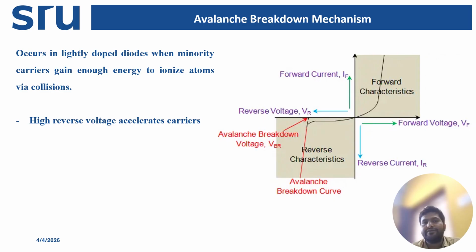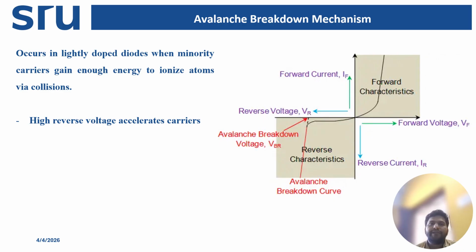When reverse voltage increases, the electric field across the depletion region increases. Minority charge carriers present in the junction start moving, and these carriers accelerate due to the strong electric field. As the voltage increases further, carriers gain very high kinetic energy.